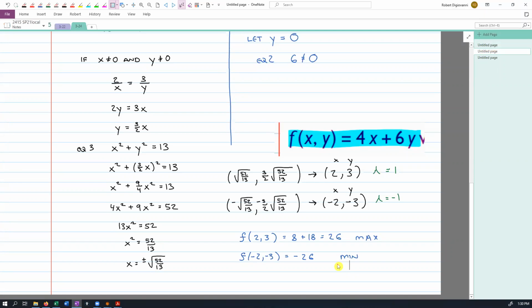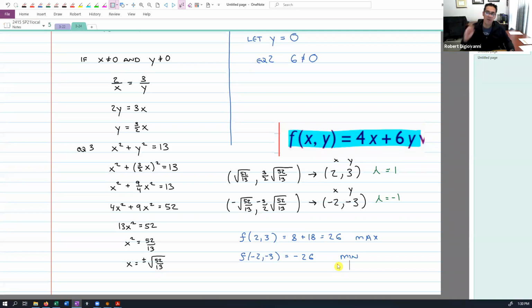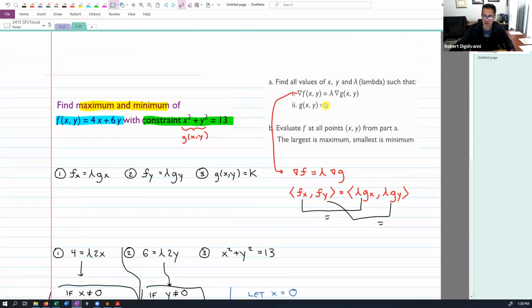I'm still confused by what lambda tells us. Lambda doesn't tell us anything in terms of our final answer. The whole idea behind Lagrange is that you will have maximums or minimums anywhere that the gradients of these two functions are parallel, which means that they must be scalar multiples of one another.